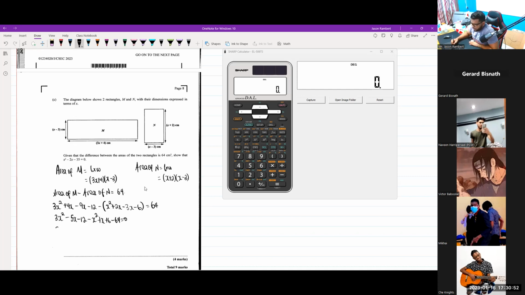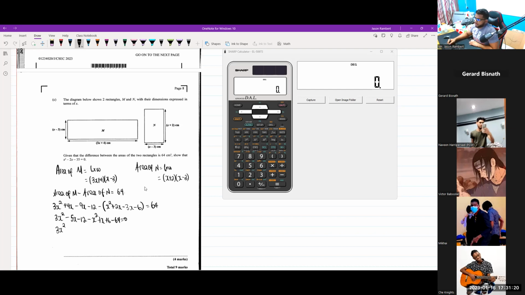3x squared minus 5 plus x. Two minus 3 taken away. So now take them away. Yeah, they take away x squared.